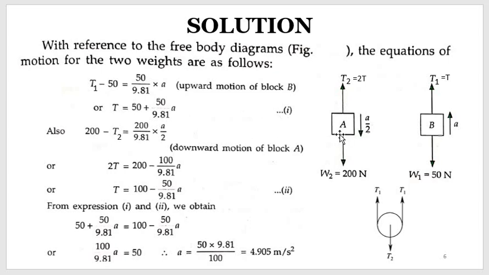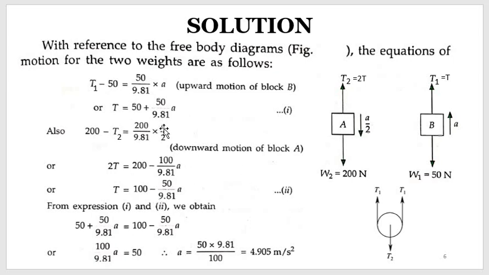Now applying the same condition on block A, we know that block A is moving in the downward direction. That means any force acting in the direction of motion is considered positive, so 200 Newton is a positive force. So 200 minus T2 is equal to 200 by 9.81 into the acceleration of block A, which is A by 2. And we know that T2 is equal to 2 times T, so T is equal to 100 minus 50 by 9.81 into A, and that is equation number 2.